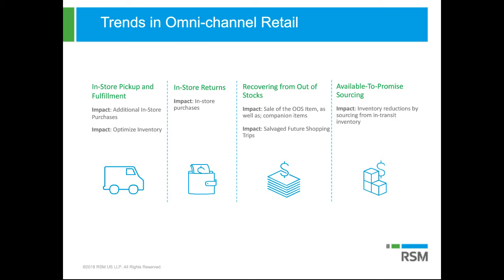How you recover from an out-of-stock experience, as well as being able to ship you an item that's still in progress. In other words, not show it as out of stock, but be able to sell it to you knowing when it will come into the warehouse and when we will be able to ship it out, means advanced integration with your supply chain, as well as with your shipping partners.